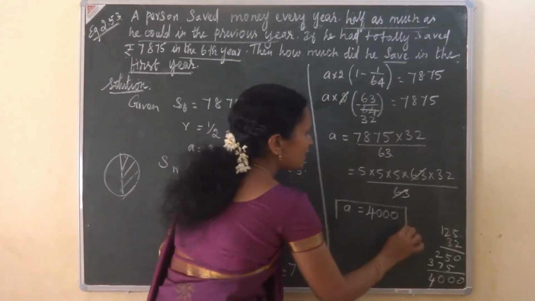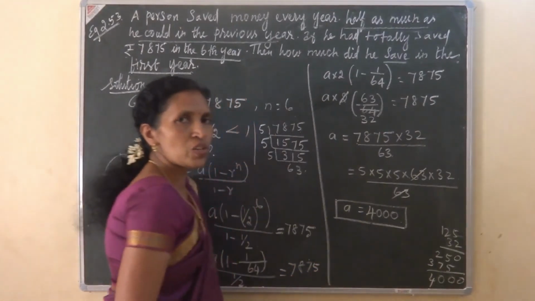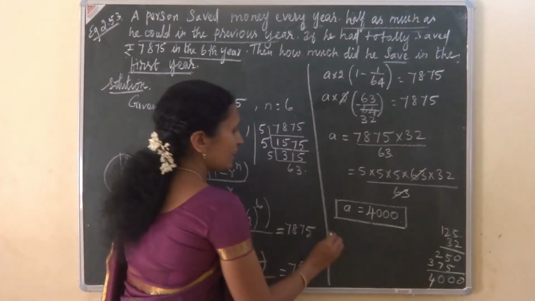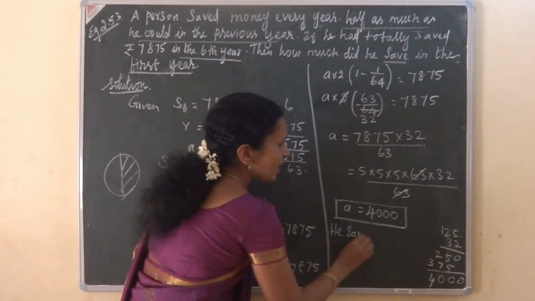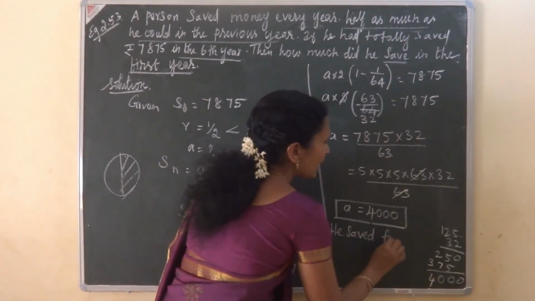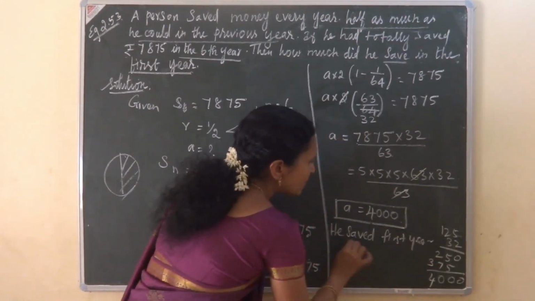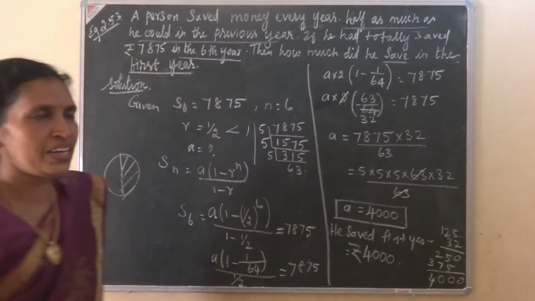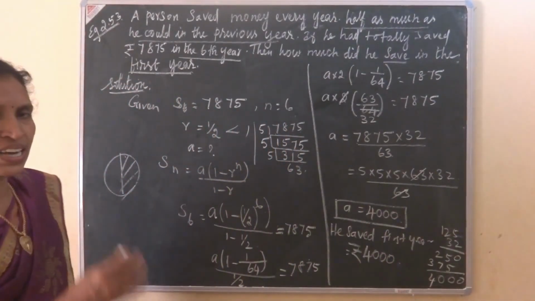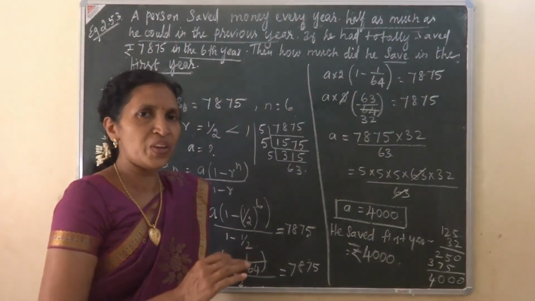So in the first year, how much did he save? Rupees 4,000. Okay. In the first year he saved rupees 4,000. Do you understand, students? Very easy. Each year he saved half of the previous year.